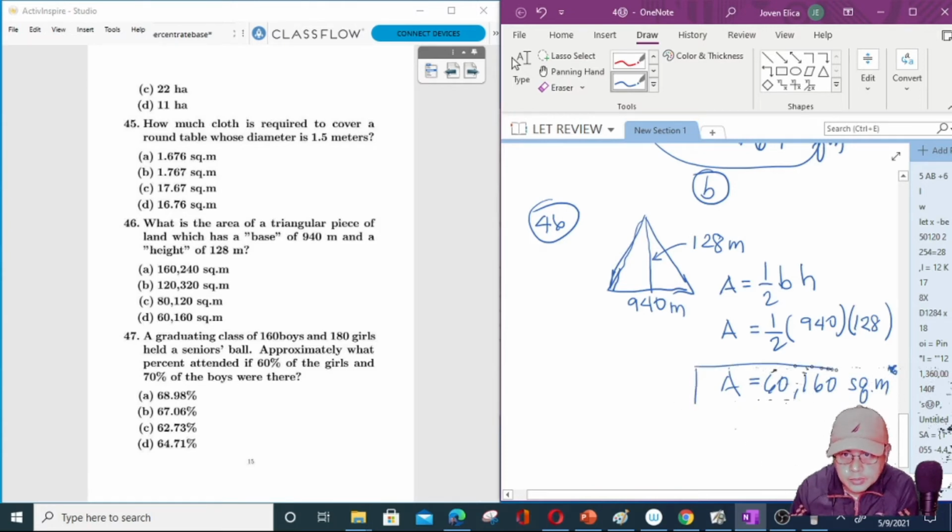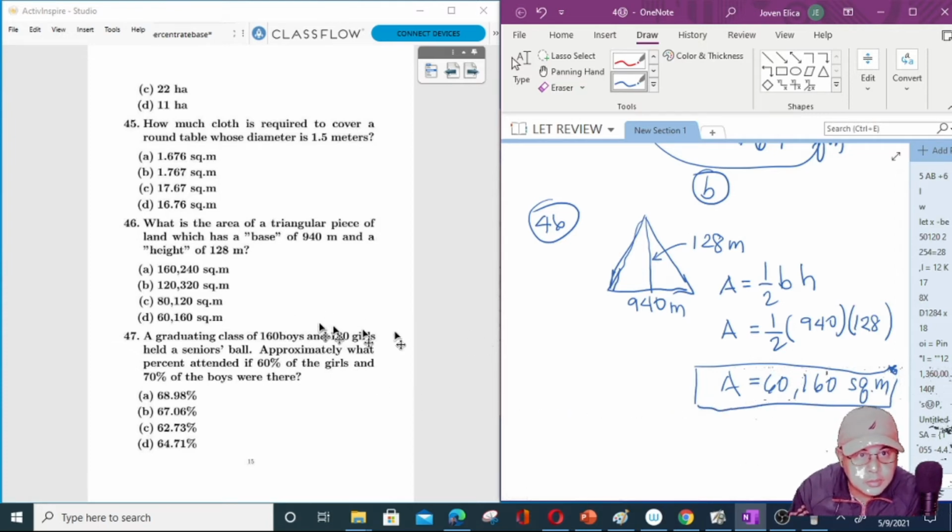This is the answer. This is letter D, 60,160 square meter.